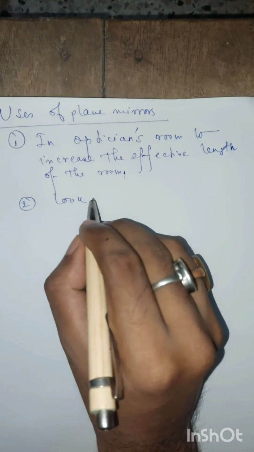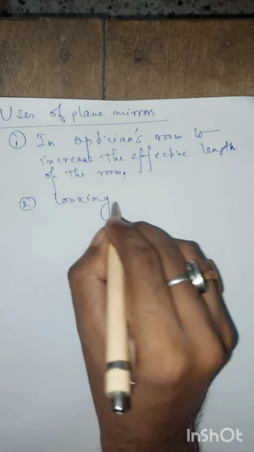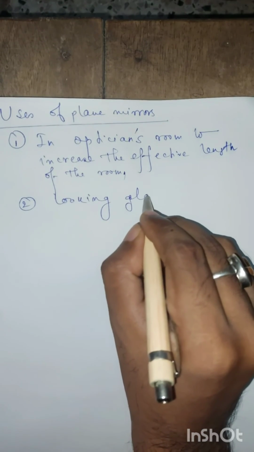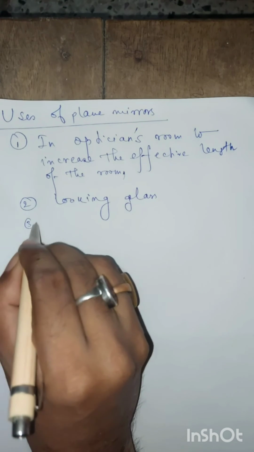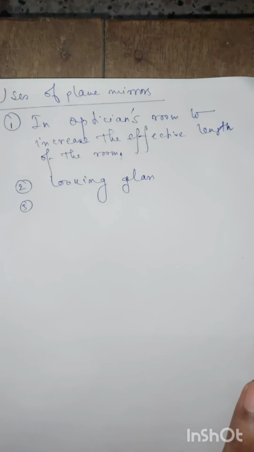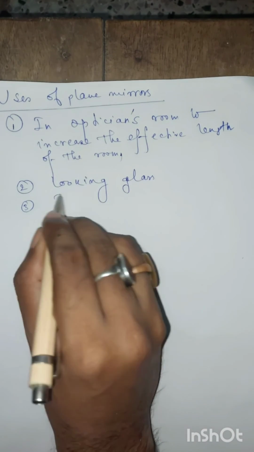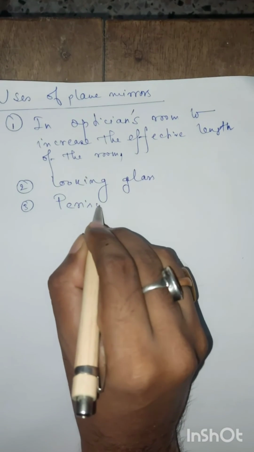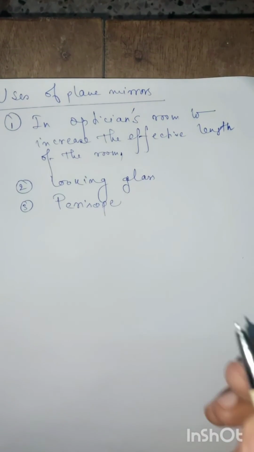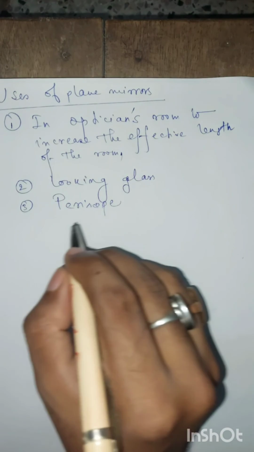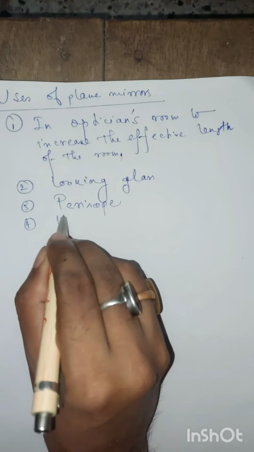We can use plane mirrors as looking glass. Number 3, we can use them in periscope. We can use them in kaleidoscope.